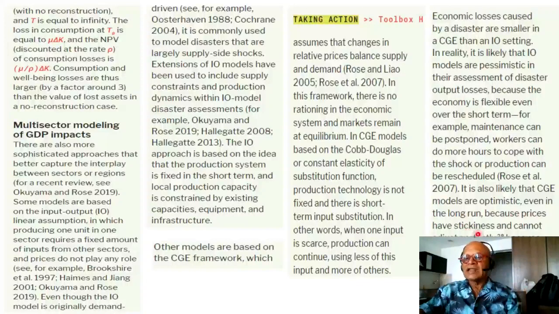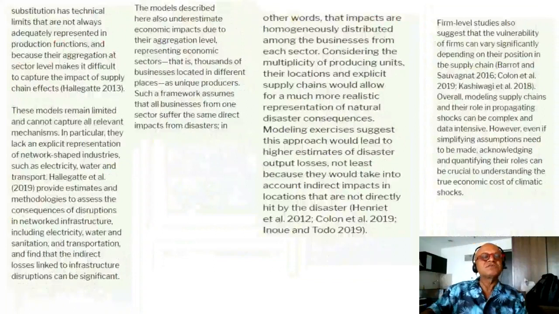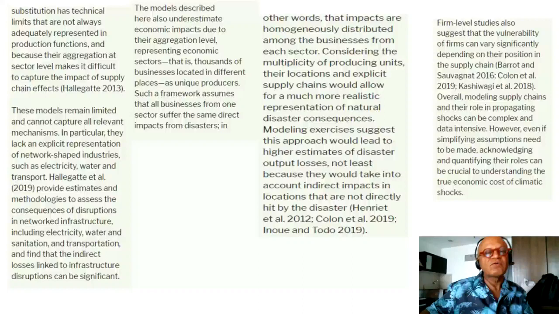It's also likely that CGE models are optimistic even in the long run because prices have stickiness and cannot adjust perfectly, because substitution has technical limits that are not always adequately represented in production functions, and because their aggregation at sector level makes it difficult to capture the impact of supply chain effects.